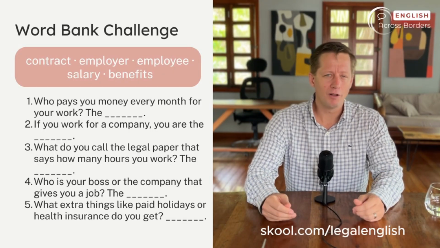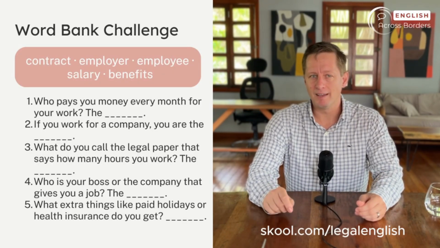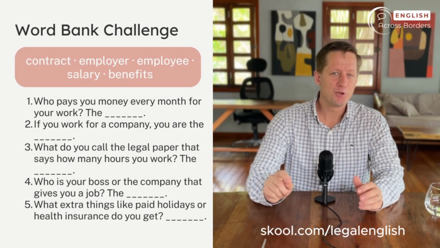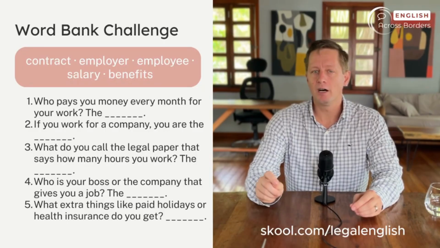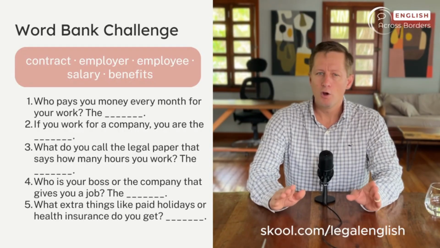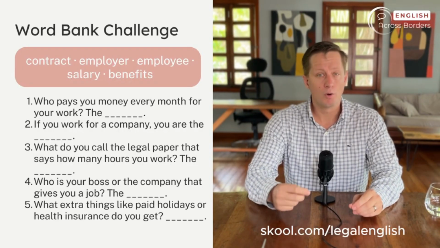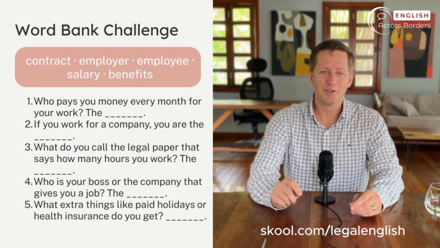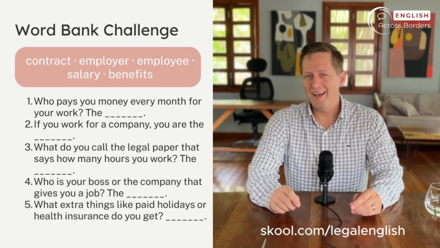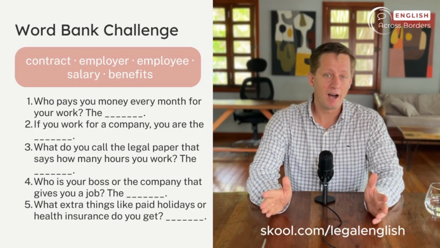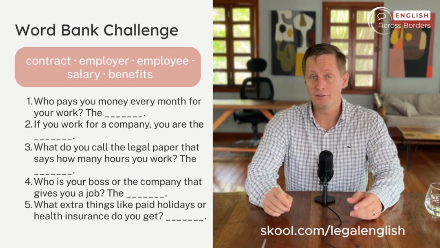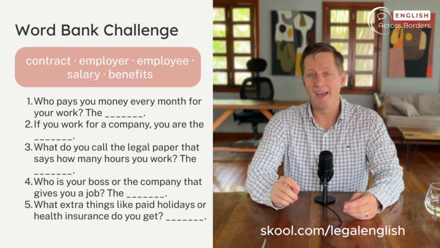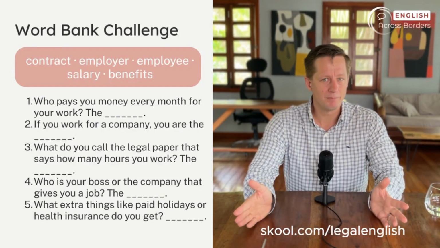What do you call the legal paper that says how many hours you work? That's your contract, the written agreement. Who is your boss or the company that gives you a job? That's your employer. What extra things like paid holidays or health insurance do you get? These are your benefits, extra support from your job.